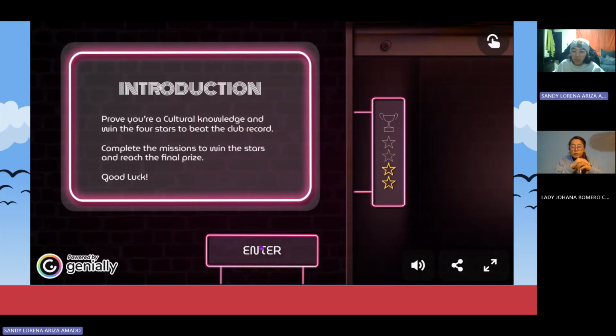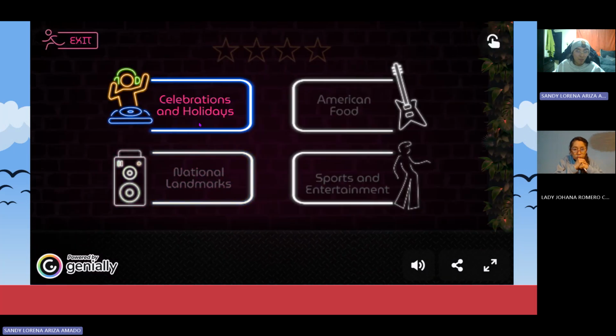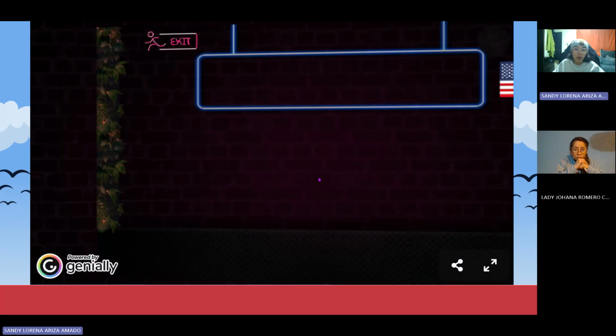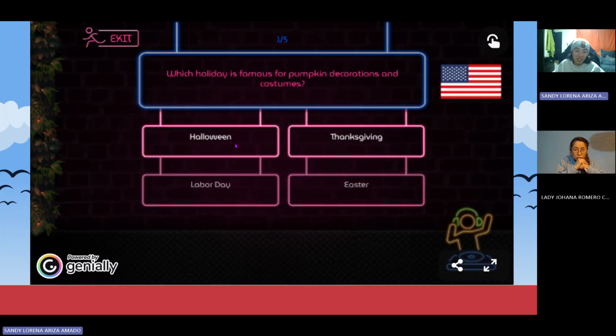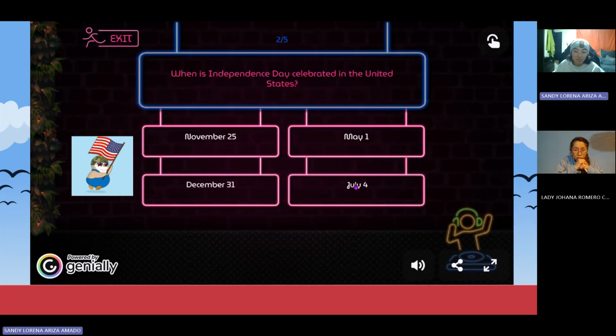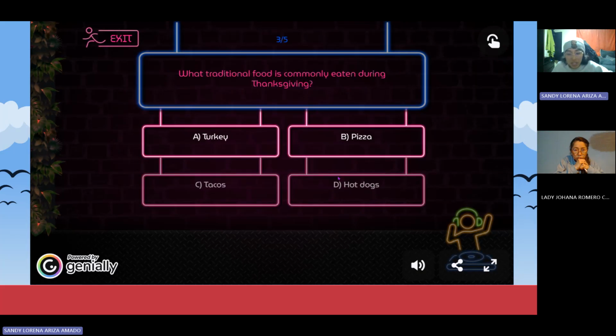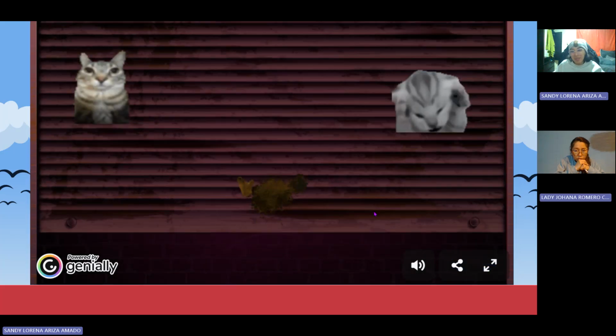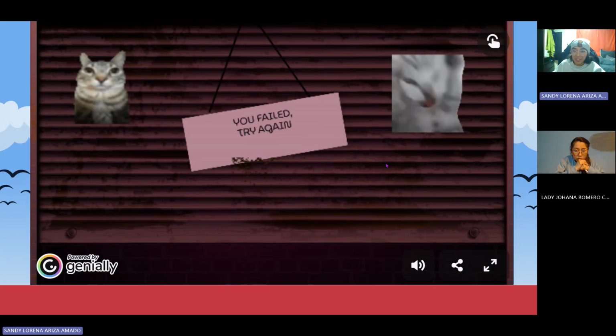So we will be able to interact with the resource, doing the activities, which are some questions that we have here. As we gain points, at the end, we are going to receive the pass score. I'm not going to be doing the complete development, but yes, it's really interactive.